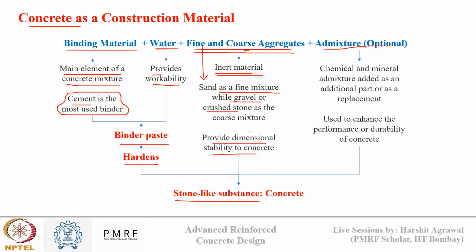Or if you are well aware of the basics of concrete, you know why dimensional stability is required in the concrete. And the last element are the admixtures, which include chemical and mineral admixtures that are added as an additional part or as a replacement, and they are used to enhance the performance or the durability of concrete. Okay, and all these combine to make a stone-like substance, which we call concrete.